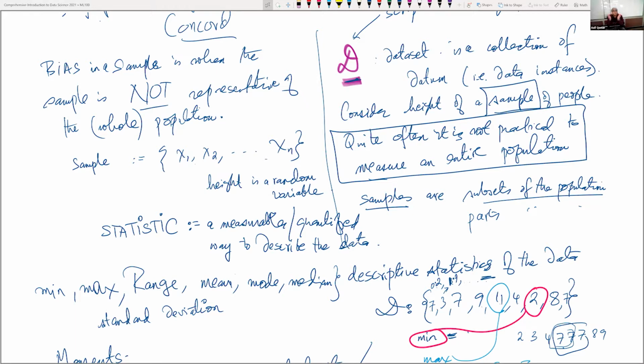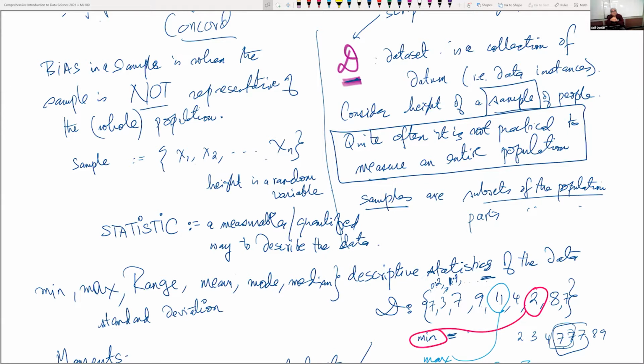It's just not viable. For example, if I have to ask you what is the temperature of water in a lake, you can't go and take the temperature of the water at every point in the lake. What you can do is sample here and there and then say, okay, now I know the temperature. This is perhaps not the best example.